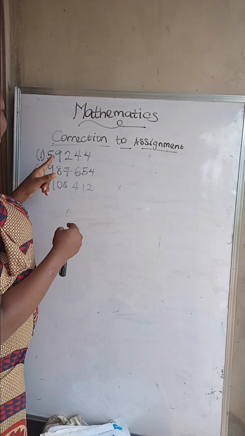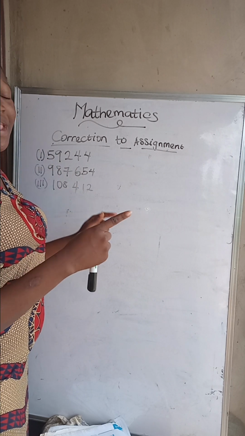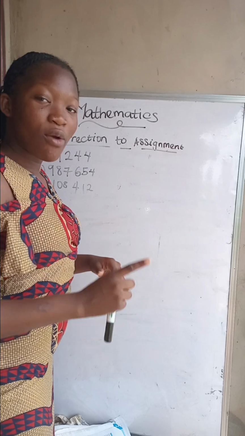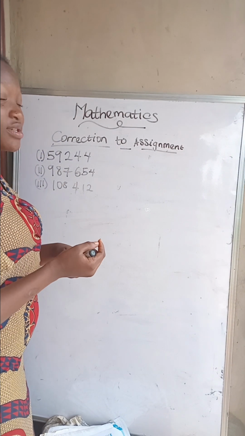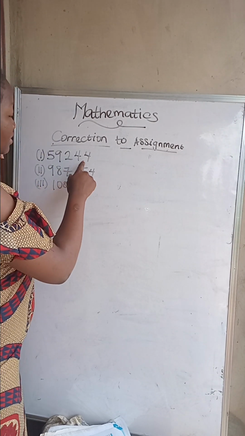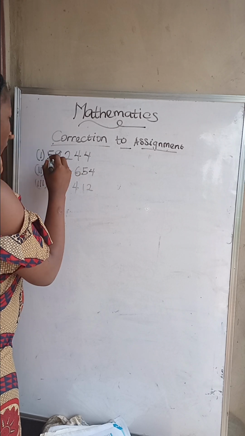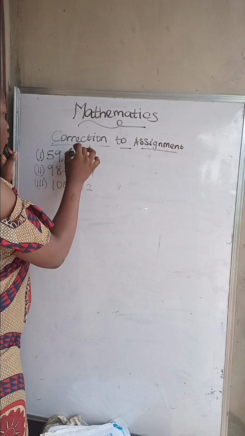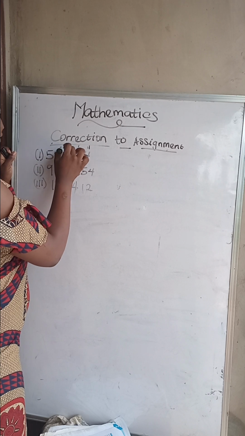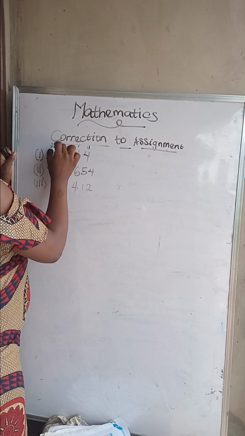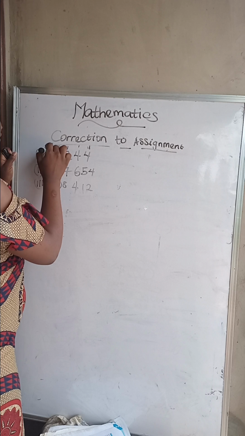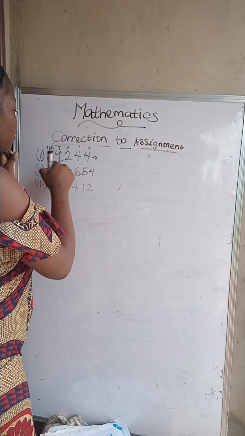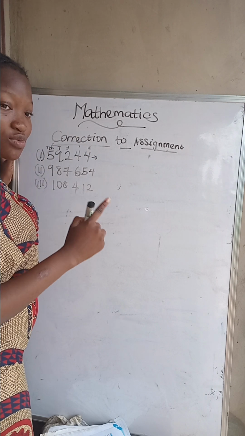We have 59,244, and the first thing I said when we want to start writing in words is to put commas. So we start 1, 2, 3. We put the comma at the back. So let's start. We have the units, the tens, the hundreds, the thousands, and the tens of thousands. So we already know that this is 50,000 because it's tens of thousands.